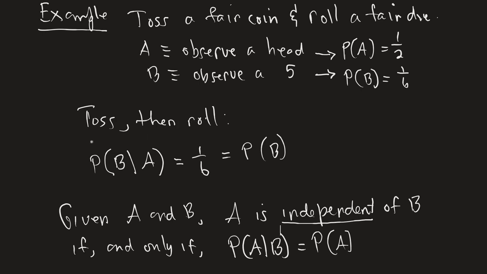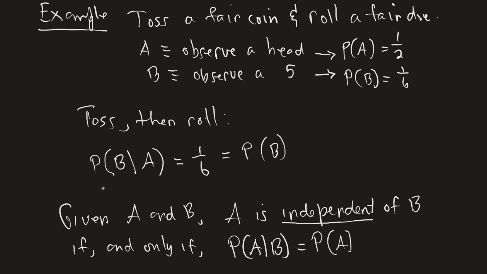But anyway, we toss and then we roll and we came up with this. But what if we flip it around? What if we roll the die and then we knew the result on the die and then we questioned ourselves, what is the likelihood of observing a head now that we've known that we got a 5 or didn't get a 5 for that matter? Well, it would still be the same, right?